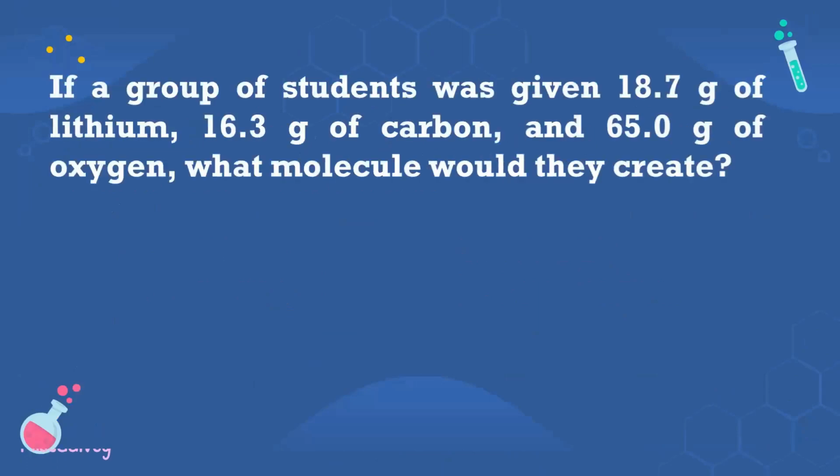If a group of students was given 18.7 grams of lithium, 16.3 grams of carbon, and 65.0 grams of oxygen, what molecule would they create? We have to solve this one to get the complete chemical formula.